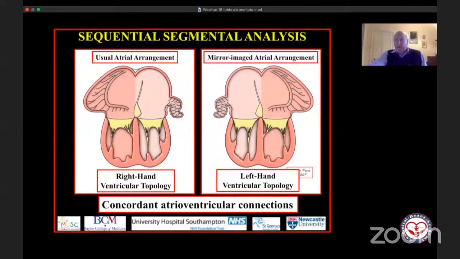And we're not talking about segmental harmony, although almost always when we have concordant atrioventricular connections, there is segmental harmony. But we are emphasizing here the fact that the atrial chambers connect across the atrioventricular junctions with their appropriate ventricles. And so this is concordant atrioventricular connections.